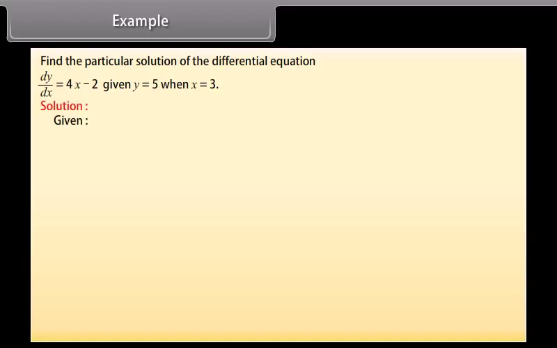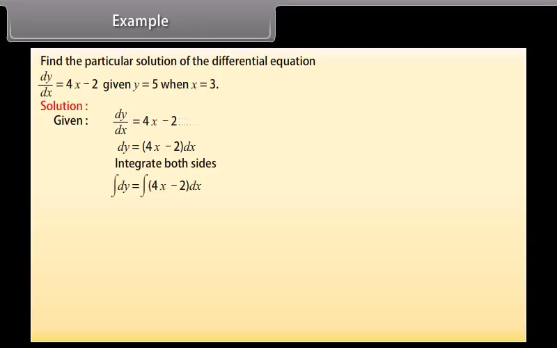Given dy by dx equals 4x minus 2. dy equals 4x minus 2 dx. Integrate both sides. Integral of 1 with respect to y equals integral of 4x minus 2 with respect to dx. Y equals 2x square minus 2x plus c is the general solution.